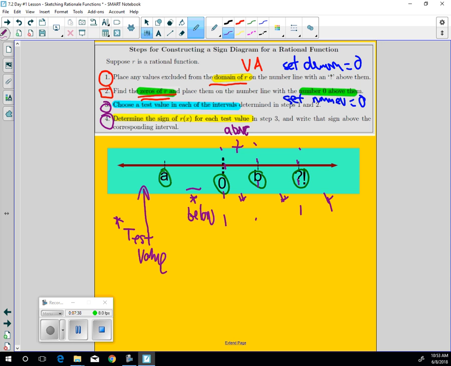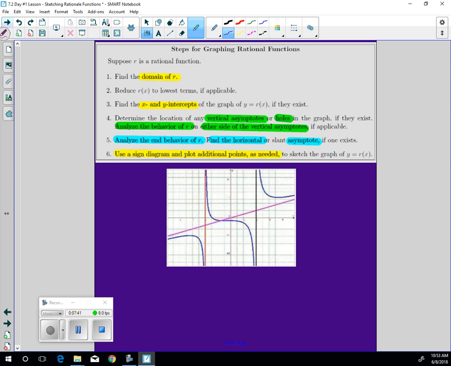So here's your testing for that. So we're going to do one, and they even include in that, they do x and y intercepts, great idea, end behavior, great idea. These numbers are pretty arbitrary, but if you find the vertical asymptotes and zeros, so the numerator equals 0 and the denominator equals 0, then you can set up that number line and establish in your graph vertical asymptotes and zeros.